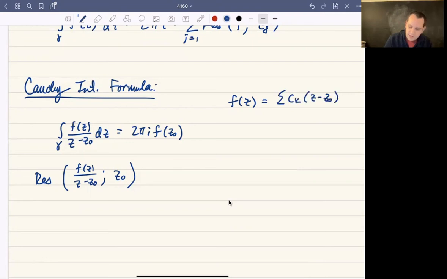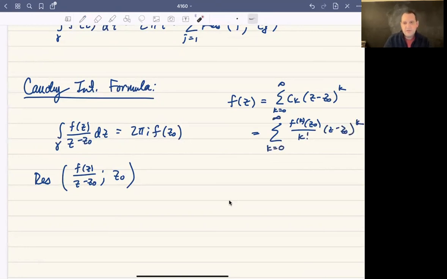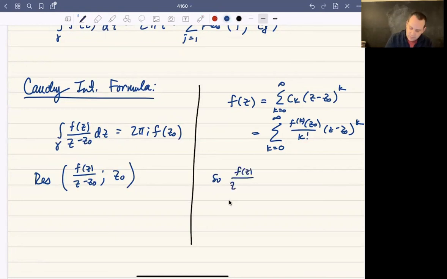So c sub k, z minus z naught to the k, as k goes from 0 to infinity. Or you can write it using Taylor's formula, that this is the kth derivative at z naught over k factorial times z minus z naught to the k. So Taylor's formula is basically just the assertion that these coefficients c sub k have this nice formula, right? c sub k is the usual formula that we get from Taylor series. And what we need to do is think about not just this function, but let's actually look at, let me wall this off so that it is not exactly part of the problem, f of z over z minus z naught.